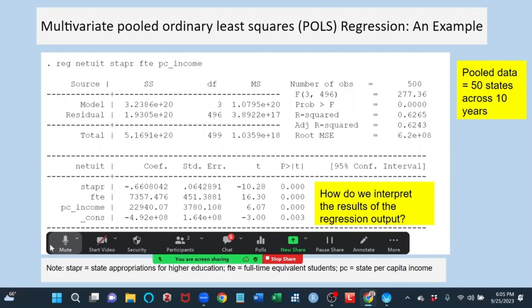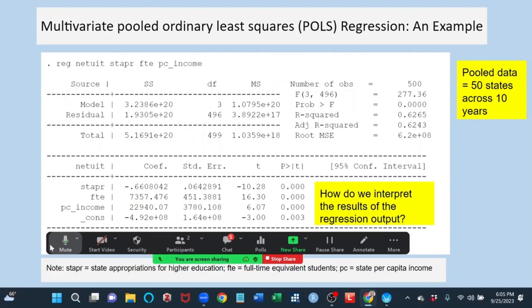And how would we interpret these results? How would we interpret these beta coefficients here? Let's start with state appropriations. Remember, this is our independent variable, net tuition revenue. So how would we interpret this first independent variable? For every state appropriations dollar that we increase, we drop 0.66 of a unit in net tuition. I'll add something else here.